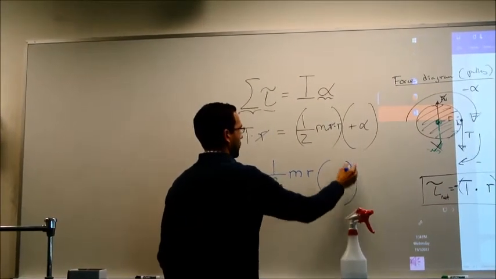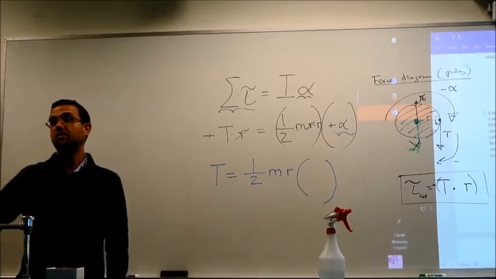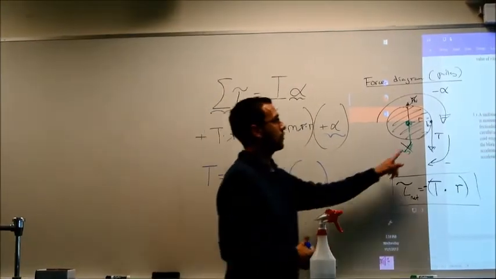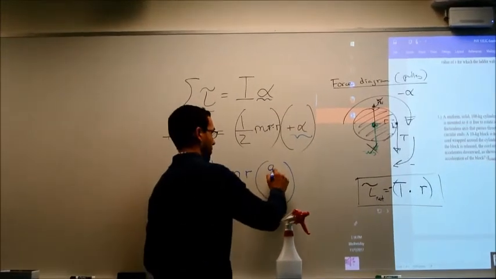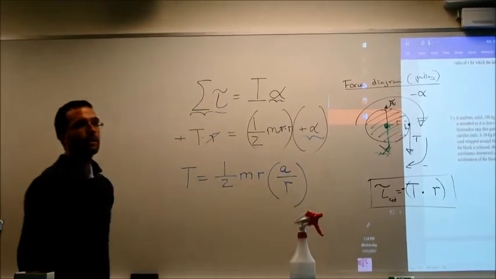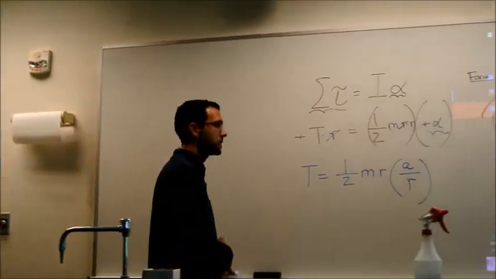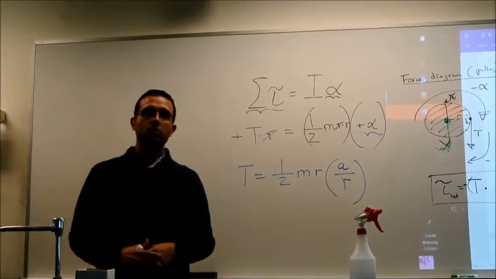Now remember, what did we end up putting in for the angular acceleration in terms of the linear acceleration, as long as the rope wasn't slipping relative to the pulley? What could we put in? Excellent. A over R. We're going to put in A over R. And for our purposes, we're always going to be able to make that substitution, because in this class we'll never consider some rope that's slipping relative to the pulley.